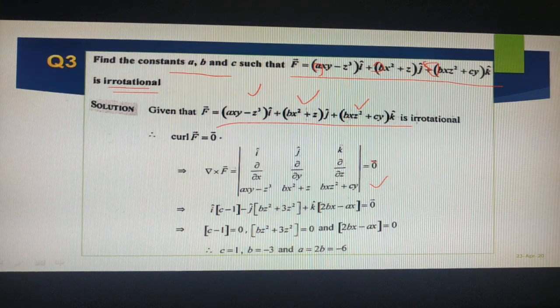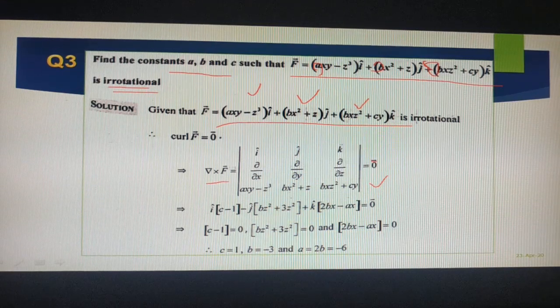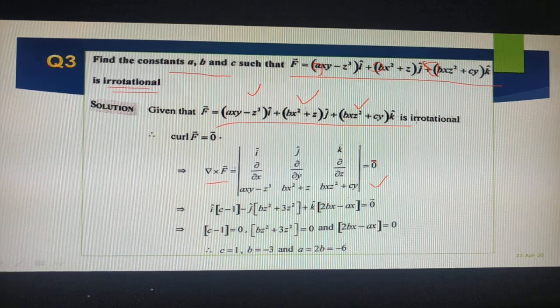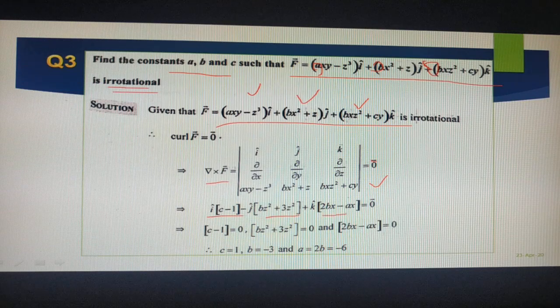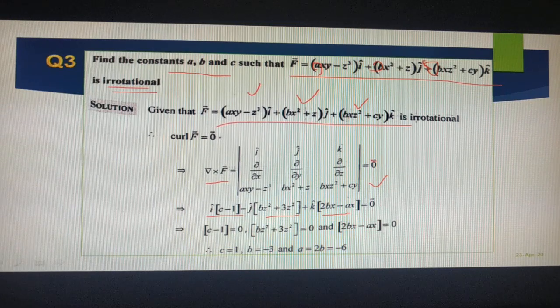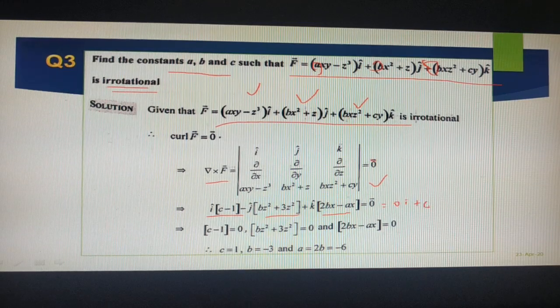We find del cross f bar, which is the determinant of this matrix. When you find it, we get some results on one side with i, j and k components. On the other side we have 0 bar, which we think of as 0i plus 0j plus 0k.